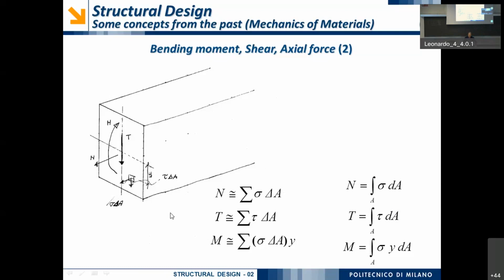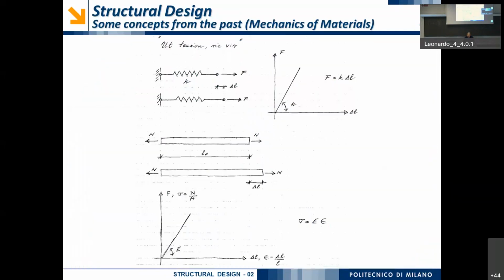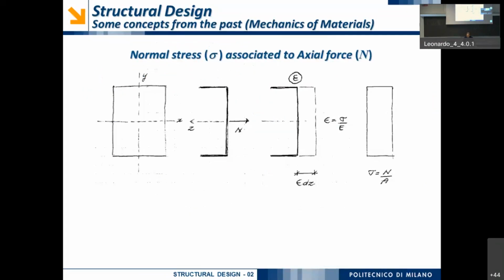And when I pass from the summation to the integral, nothing changes in terms of definition. So it means that similarly to what happens for axial forces, so axial forces generate local stress sigma. Similarly, also the bending moment might generate some normal stress, okay?